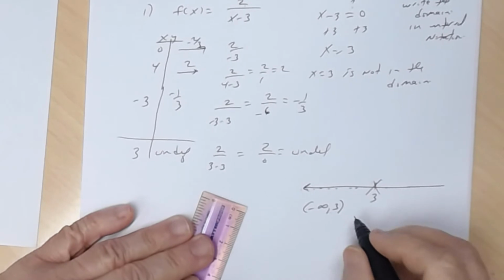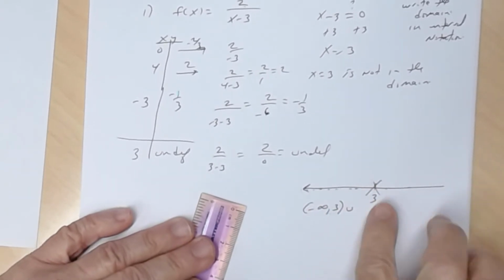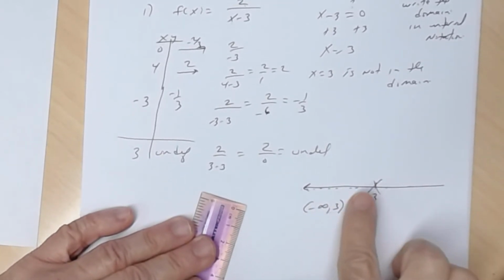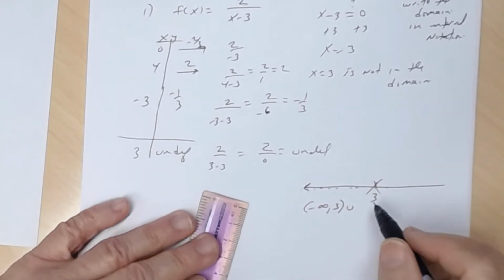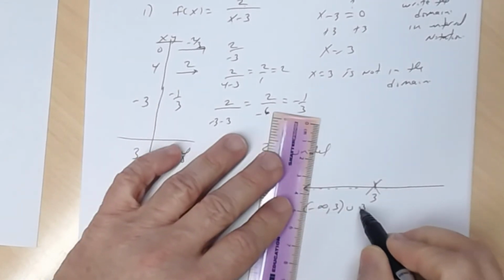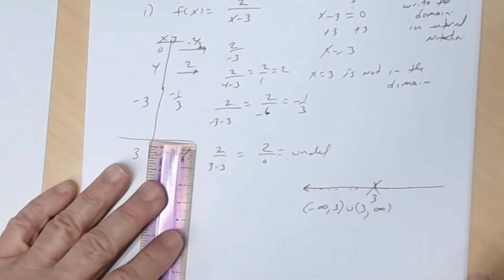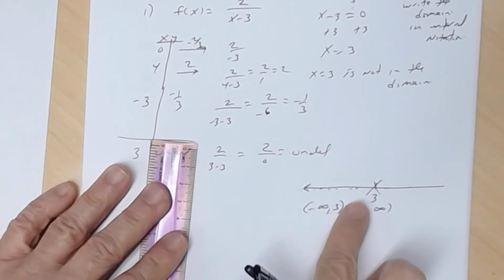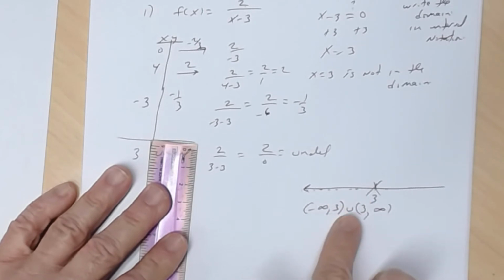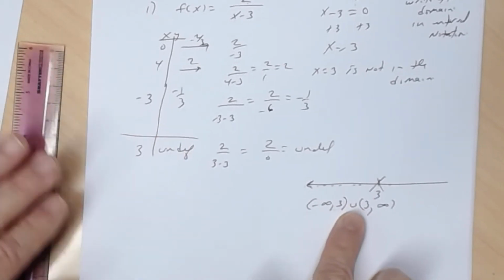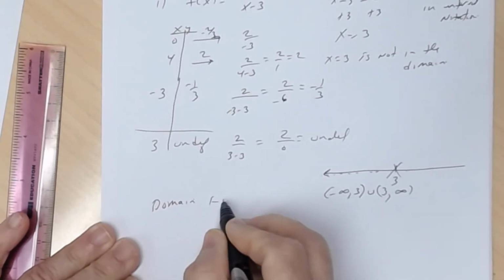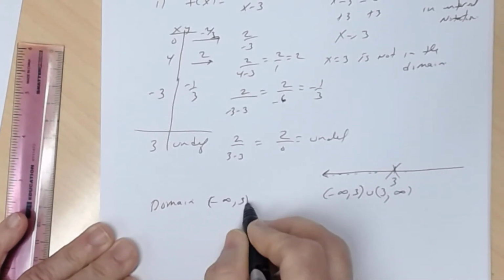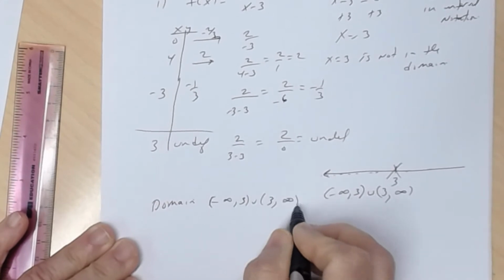Then a union, because that's two intervals. See that 3 divided the number line into two parts? So you have this interval and this interval. Then union, 3 to infinity with parentheses. This means every real number except 3. Notice the parentheses there. So the domain is negative infinity to 3, union 3 to infinity.